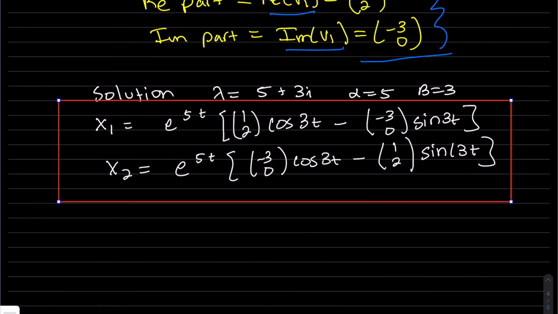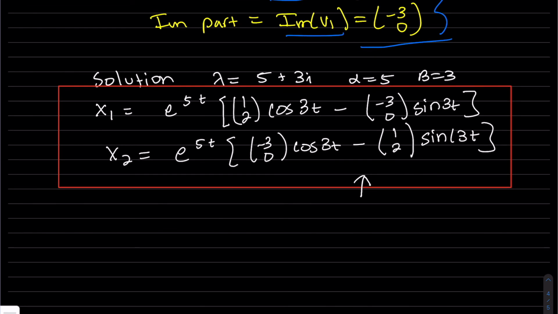So if we wanted to, we can write this as a matrix too, except I don't know if it looks any better. We have x equals e to the 5t. Oops, that's a plus.